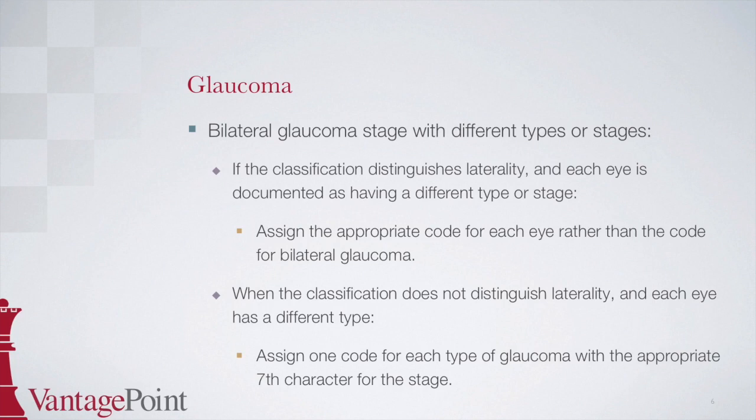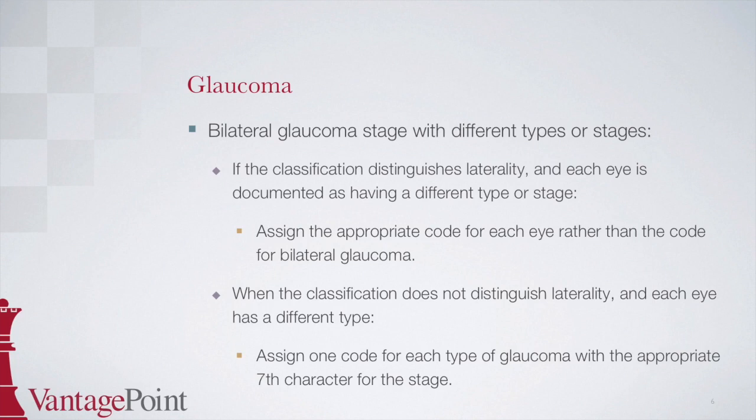The first code reported should be the more severe stage, which in this example would be H40.1223 low tension glaucoma, left eye, severe stage, followed by H40.1212, again, low tension glaucoma, but now we're saying it's the right eye and it's moderate stage.